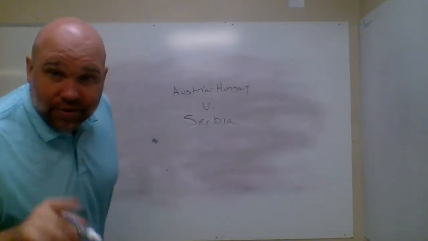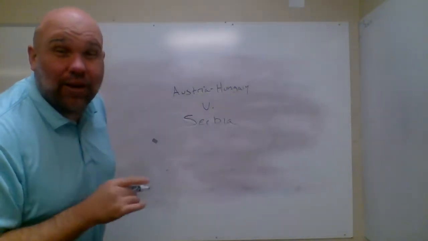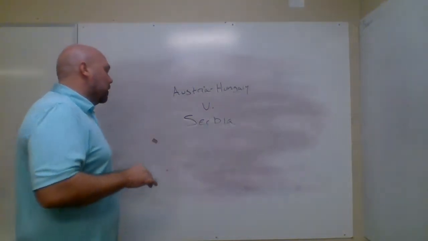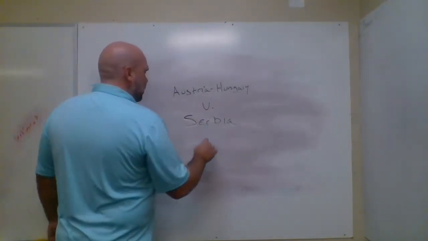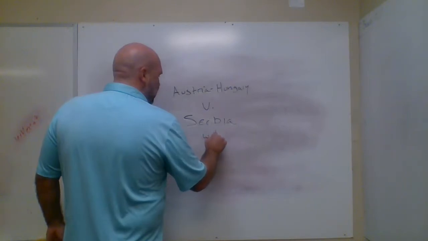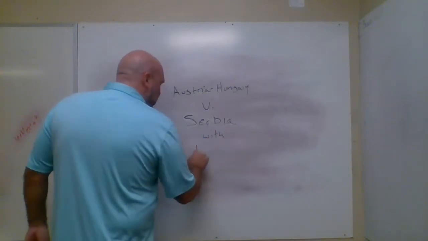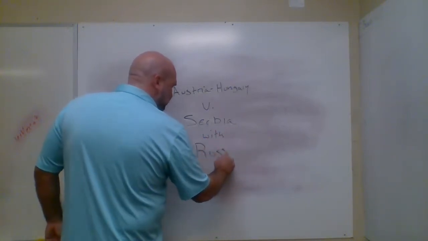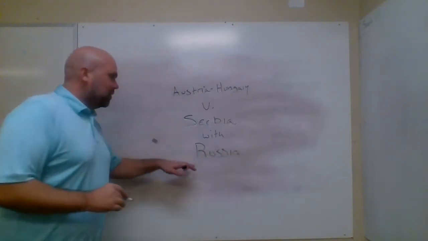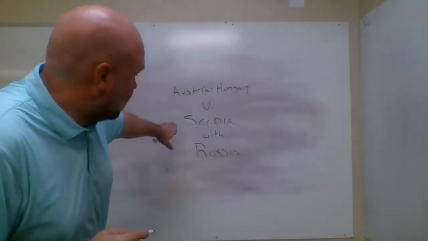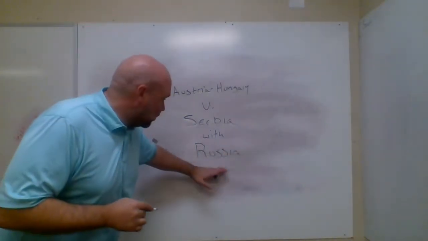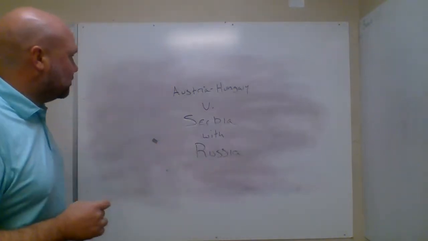Now, here's the problem. Secret alliances. Remember, secret alliances. Serbia has a secret alliance with a big country, Russia. All right, so this little country has a big country of Russia who is on their side.